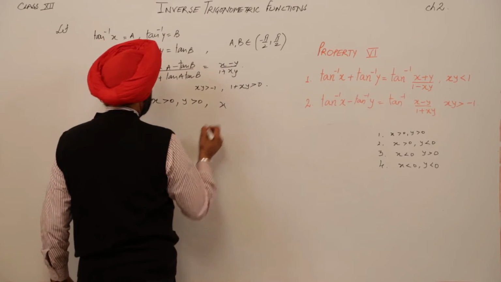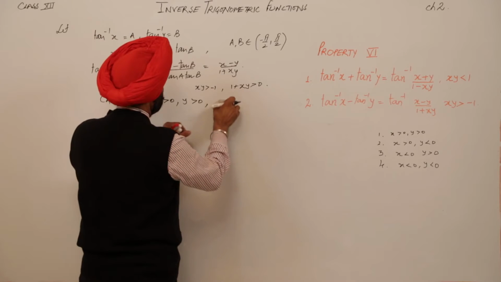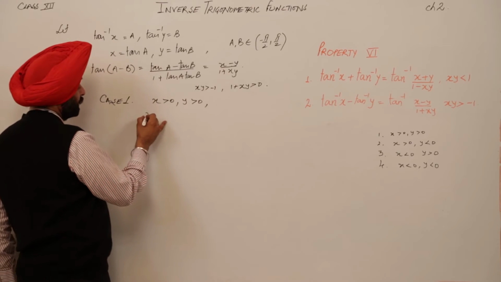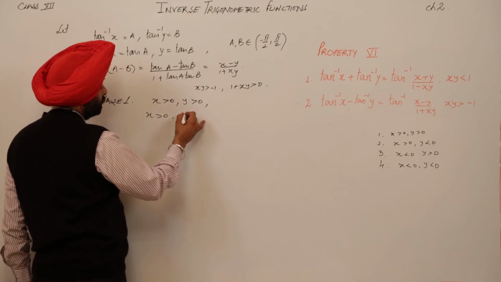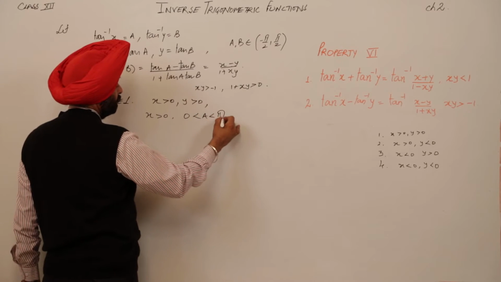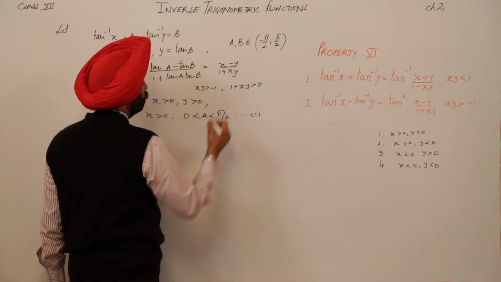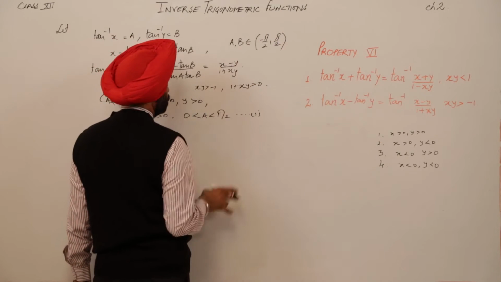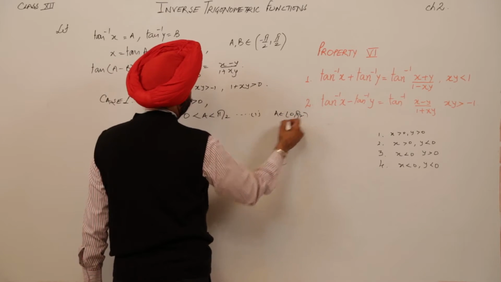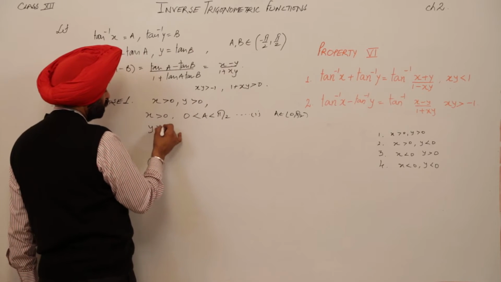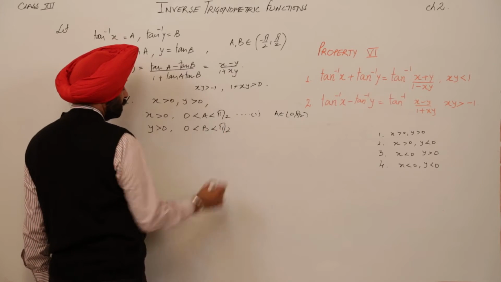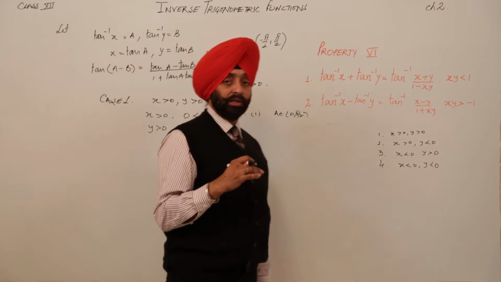When x is greater than 0, as we did in the last class, we have 0 is less than a is less than pi by 2, so a belongs to 0 comma pi by 2. Now when y is greater than 0, we have 0 is less than b is less than pi by 2. Now here what I want is a minus b.